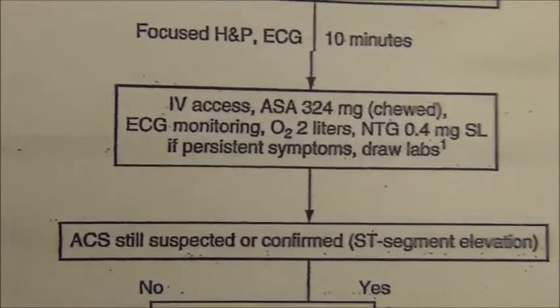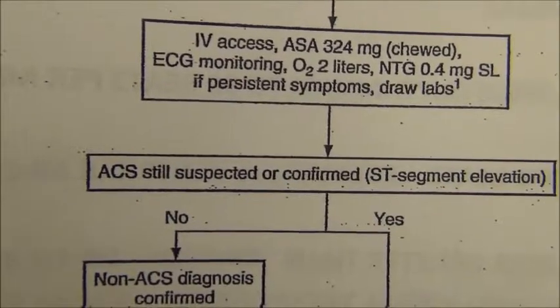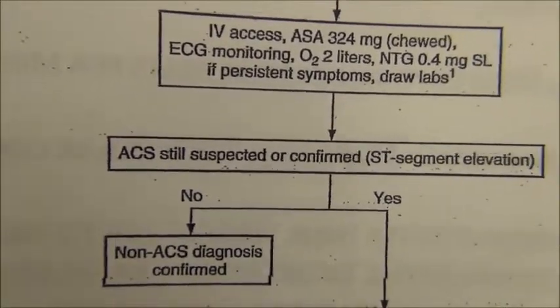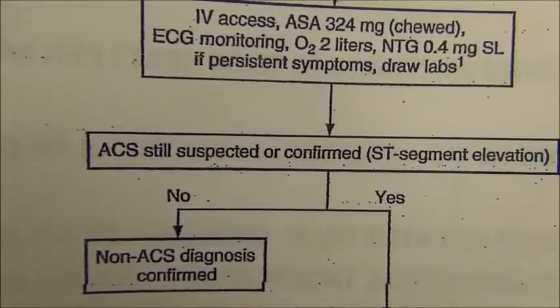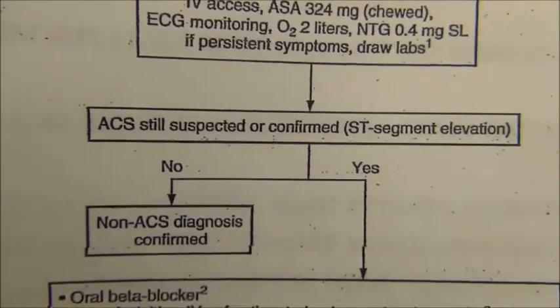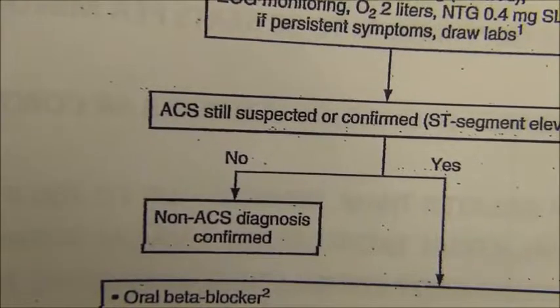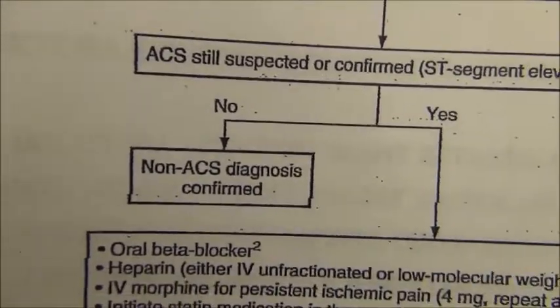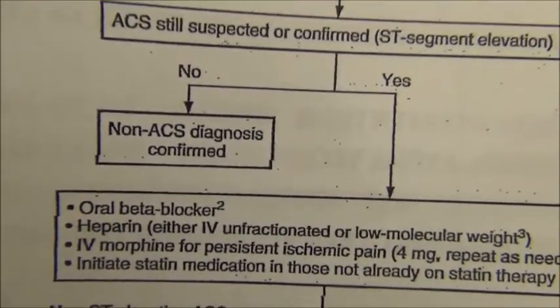If the heart attack is not suspected, and you can make a diagnosis, then of course you stop right there. But if you have a suspicion because of the electrocardiogram, then you go to the next step. And the next step is a beta blocker, which is a medication to slow the heart rate.